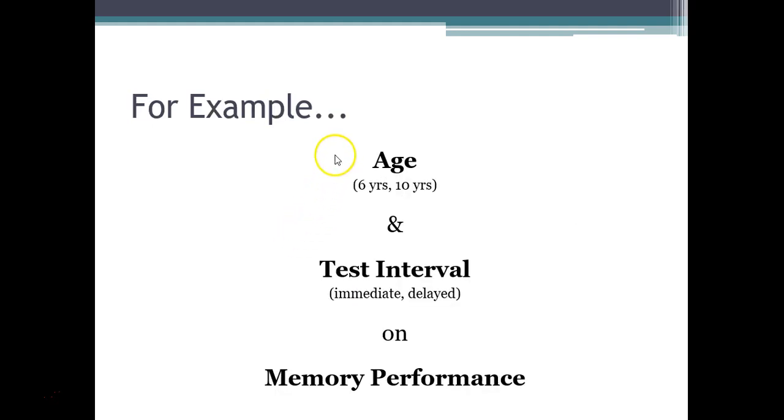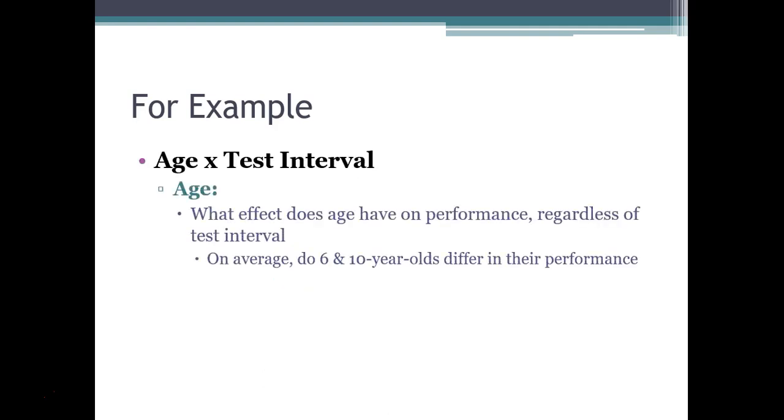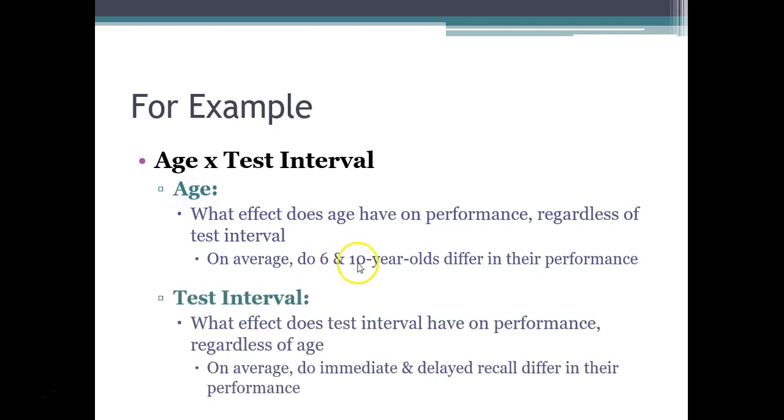So in this case, again, we're looking at the effect of age and test interval on memory performance, and each of our independent variables has 2 levels. And so our questions for our main effects, we have a main effect of age, and the question is, what effect does age have on test performance regardless of test interval?